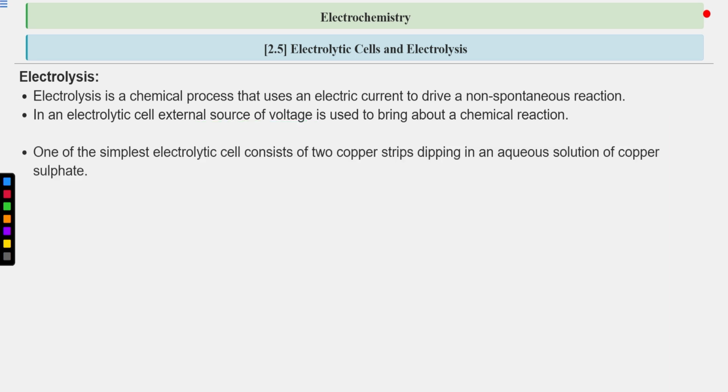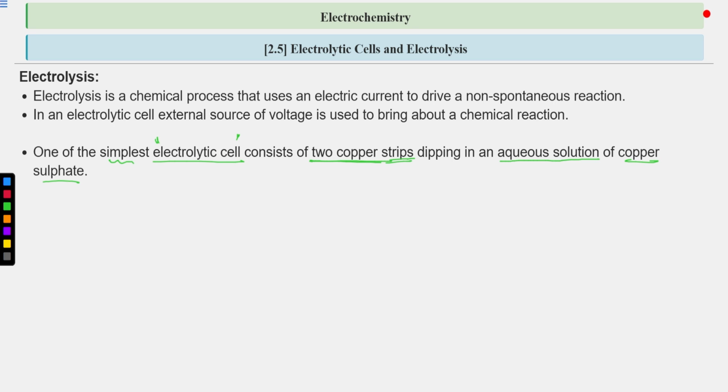One of the simplest electrolytic cells consists of two copper strips dipping in an aqueous solution of copper sulfate. Suppose we take the simplest electrolytic cell, consisting of two copper strips.